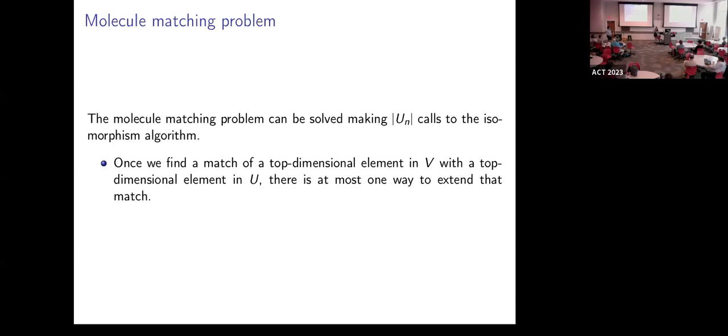So you match one of these shapes, one of the top dimensional elements, and then it shares an n-1 dimensional boundary in common with at most one other top dimensional element. So once you fix these boundaries, there is only one way to go to other n dimensional elements. So that's why we have that case.